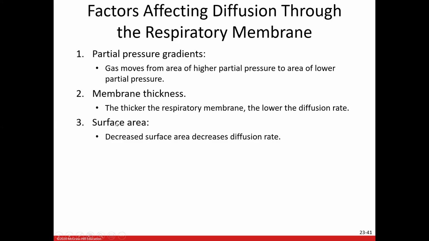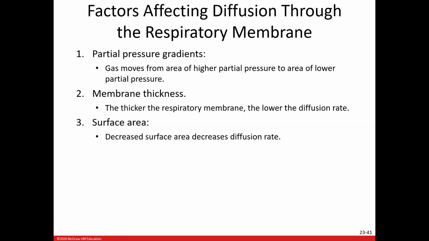Lastly is your surface area. So when we have less surface area, we have a lower diffusion rate. That is because we have less space in which to diffuse items across. So when I showed you the major breakdown of the bronchioles, excuse me, it started out with the main bronchi, secondary, tertiary, terminal, and went all the way down to the alveoli.